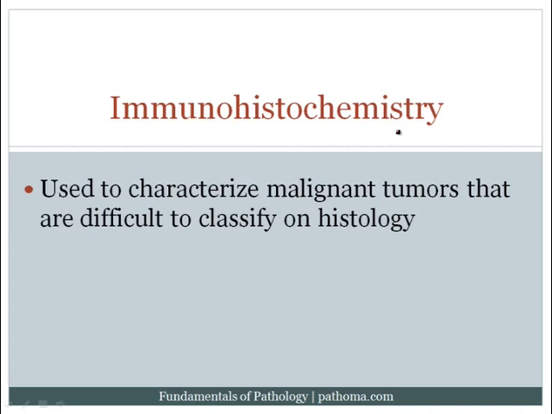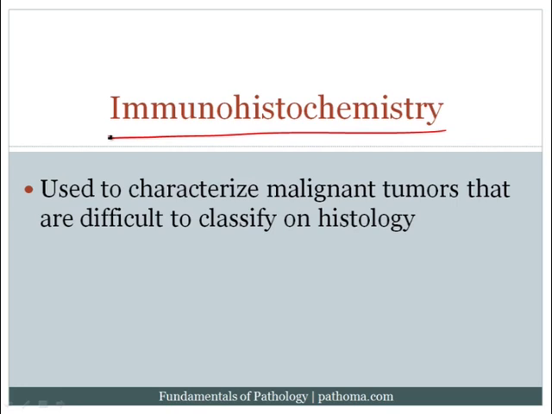Now I can look at the cells and try to use morphology to help me to determine what cell type I'm dealing with. But another useful technique to determine the type of cell is called immunohistochemistry. The idea here is that we take an antibody against a particular target and we label that antibody with a brown stain, and then we place that antibody on the cells.